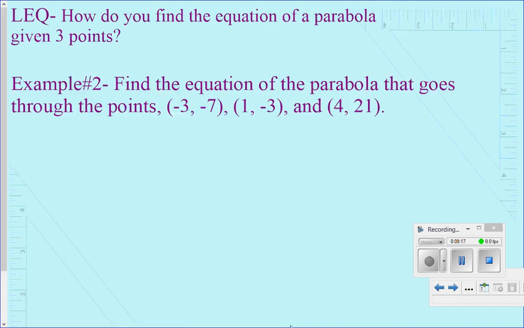So here's another one for you to try. I kind of had students try this one in class, so you should probably pause the video and try it, and then play to check your answers. So we started off the same way, substituting in the x and y values.